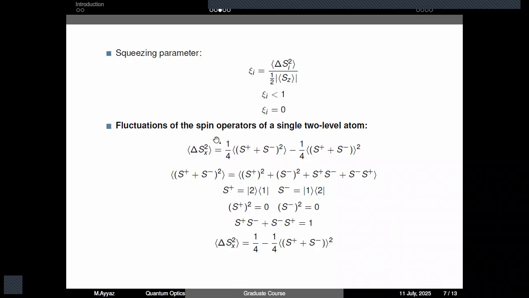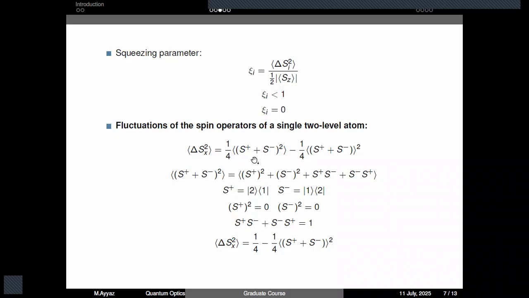So let's study the fluctuations of the spin operators in a two-level atom, and we will consider the case for the fluctuations in the x component of spin. We can write the x component of spin in terms of spin up and spin down operators. These two operators work as annihilation and creation operators in the bosonic field.